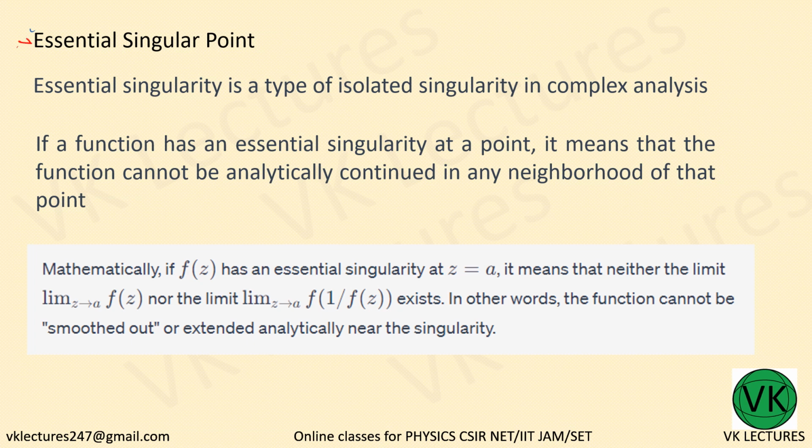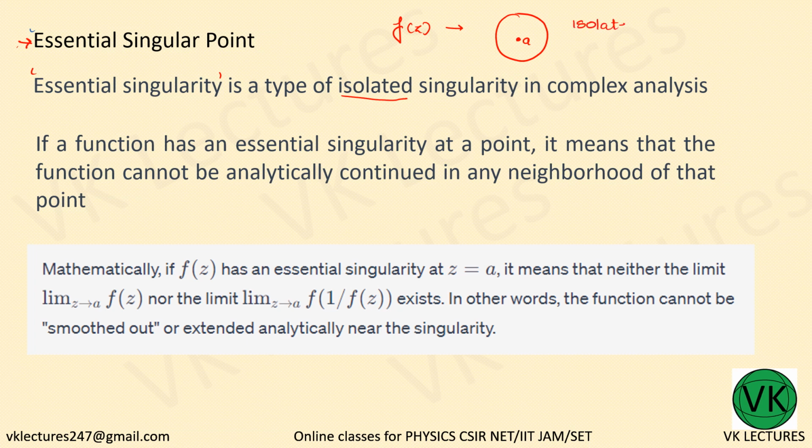Essential singular point. Now the essential singularity is a type of isolated singularity. So isolated singularity means, for example, in the domain we have the function f of z, which is analytic in the domain. This is the domain, and here we have a point a, which is an isolated singular point.